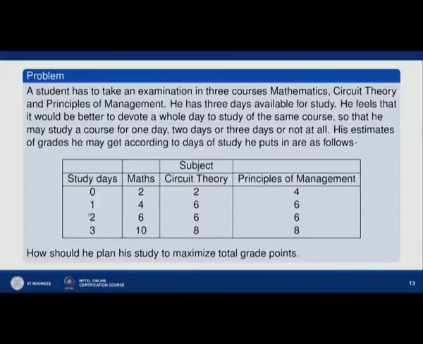Suppose he gives 2 days to mathematics only, the entire 2 days. He will earn 6 units of credit in mathematics, 6 in circuit theory, and 6 in principal management. If the entire 2 days are devoted to mathematics only, then 6. If the entire 2 days are devoted to circuit theory, then 6. And similarly, we have the entire table.